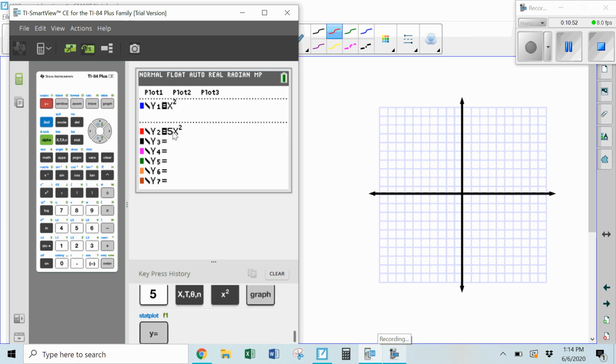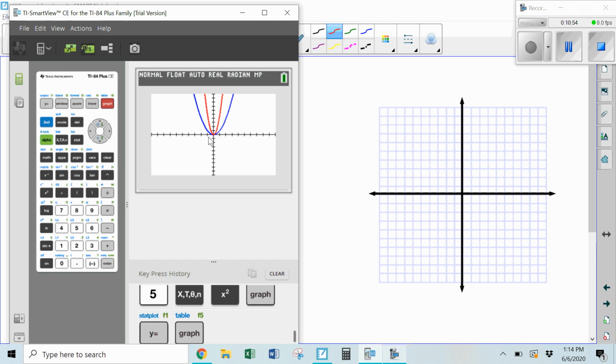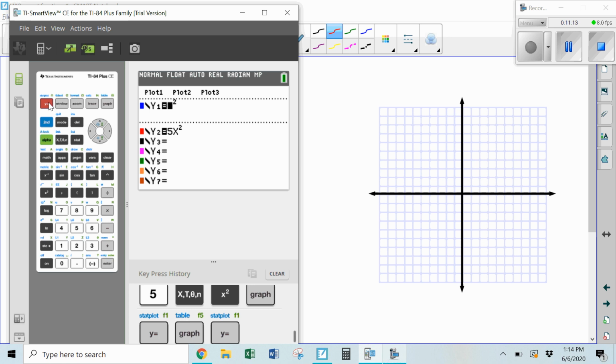What happened was this 5 out front made it 5 times more narrow, or it is rising 5 times faster. Instead of going over 1 and up 1, it went over 1 and up 5. Instead of going over 2 and up 4, it went over 2 and up 20. It will rise in the y direction 5 times faster.